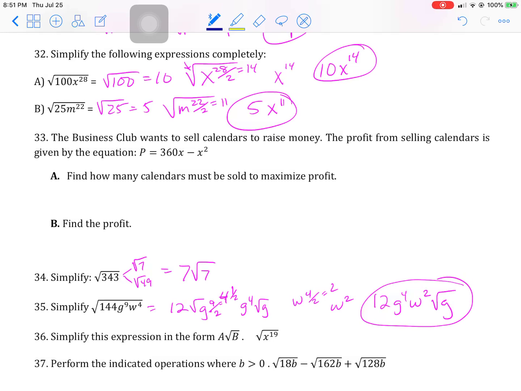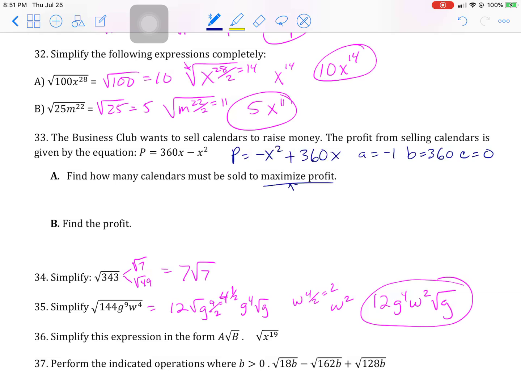The profit from selling calendars is given by the following equation, which is out of order for a good quadratic. So let's do that with an a of -1, a b of 360 and a c of 0. All right, maximize profit.